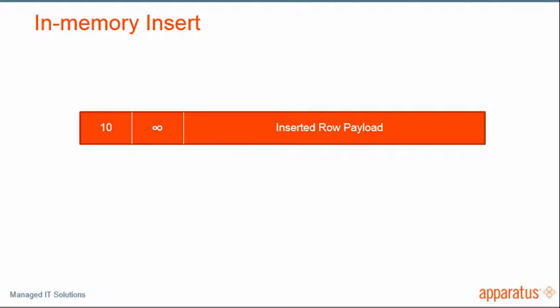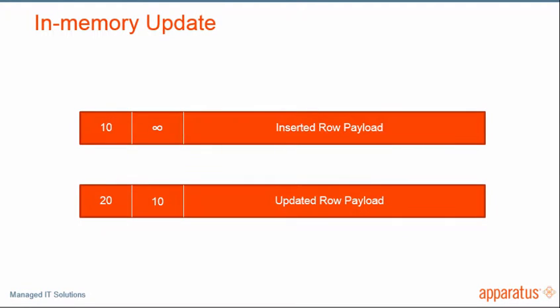If I update this row, SQL Server is going to generate a new version of the row and load that into memory, and it's going to update that begin timestamp, set the end timestamp to 10, which is the begin timestamp of my previous row. So if a transaction comes in and it has a timestamp between 0 and 10, it's going to see that initially inserted row.